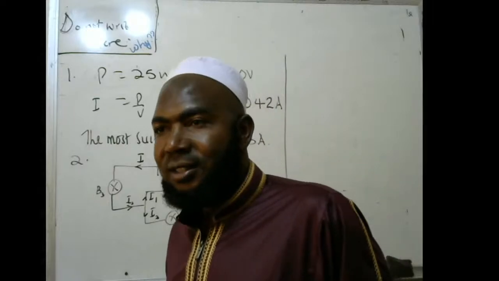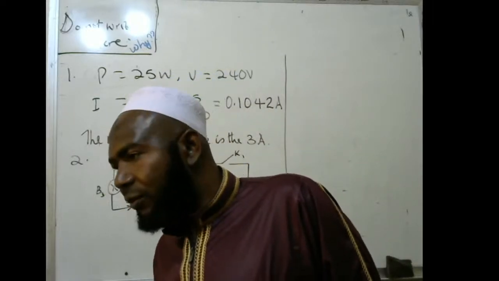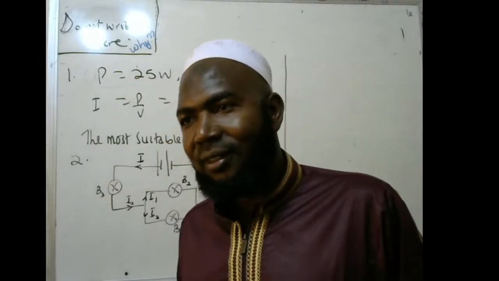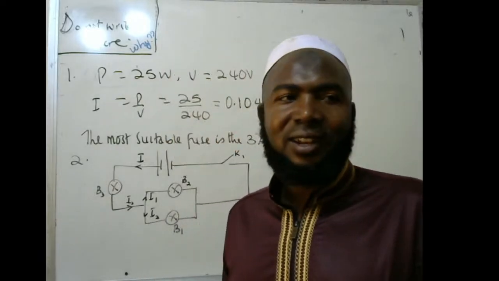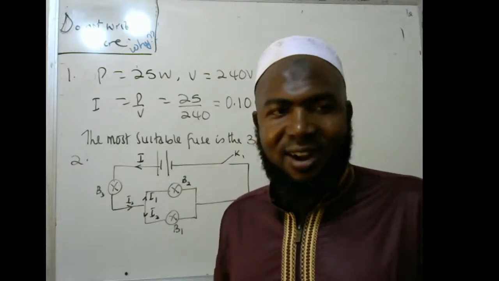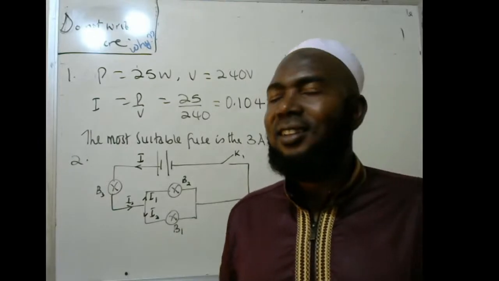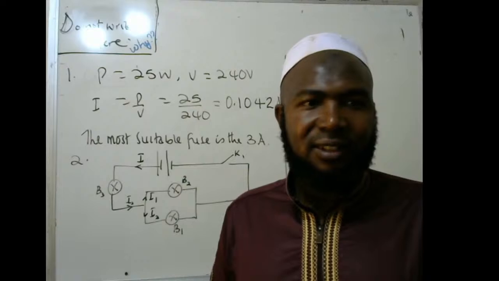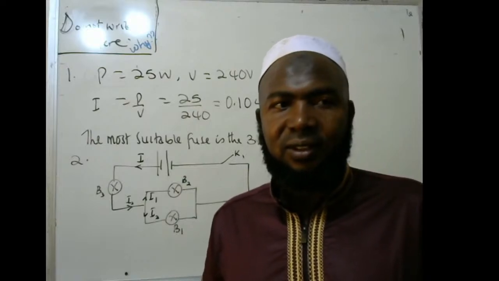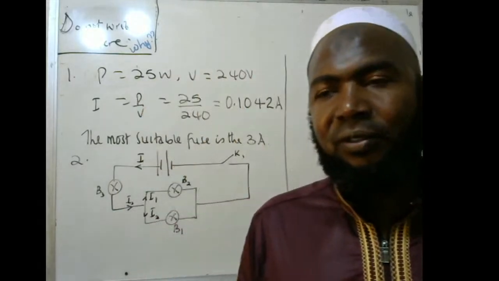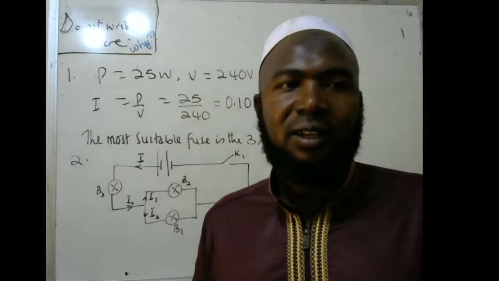Then, what is the role of the inert gas in the operation of the filament lamp? To prevent evaporation of tungsten.